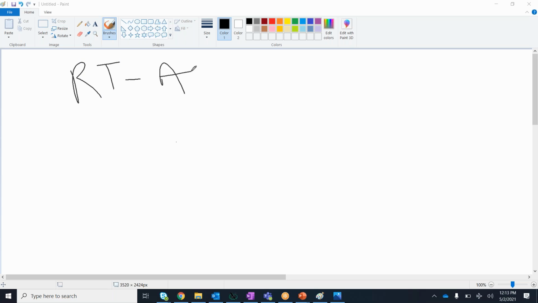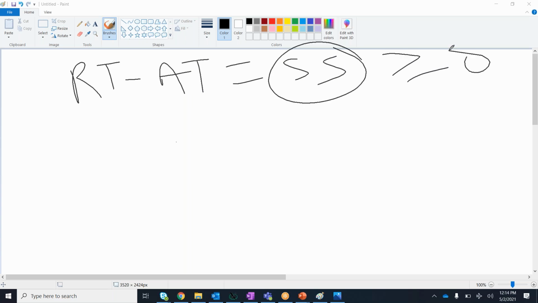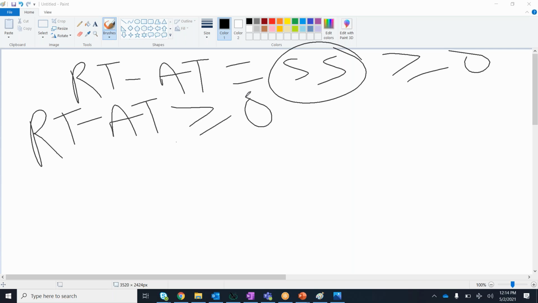Required time minus arrival time is setup slack. So this setup slack should be greater than or equal to 0, isn't it? So required time minus arrival time should be greater than or equal to 0. Yes, sir.